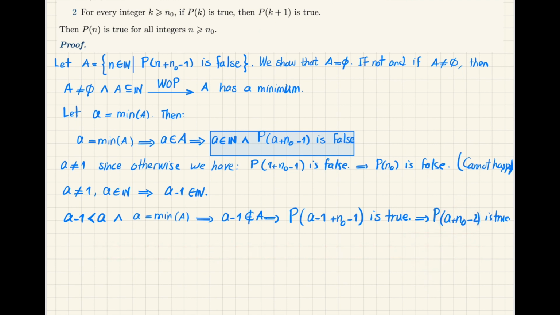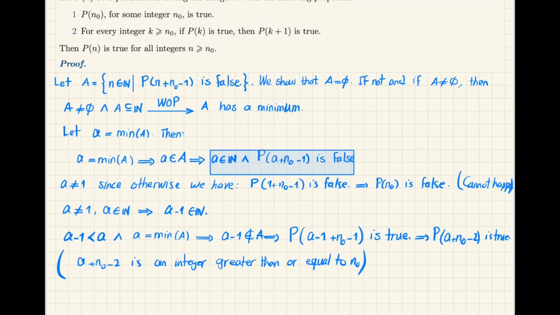Yes? So let me write it here. A plus n node minus 2 is an integer greater than or equal to n node. This is the content. So now we can use the second item here.